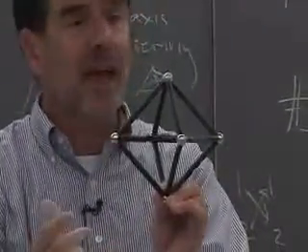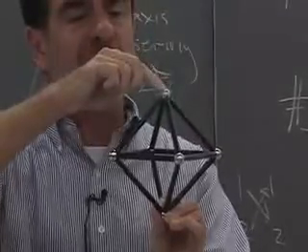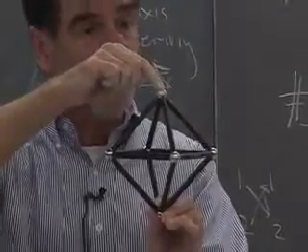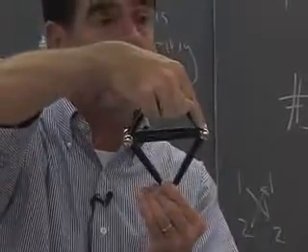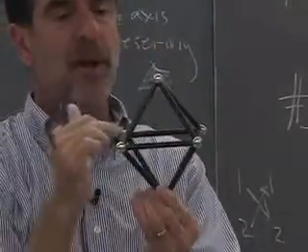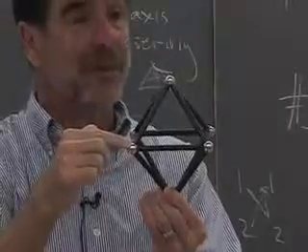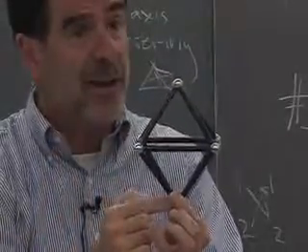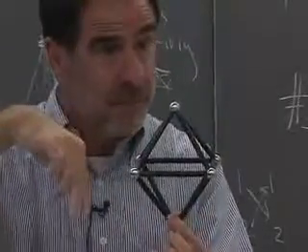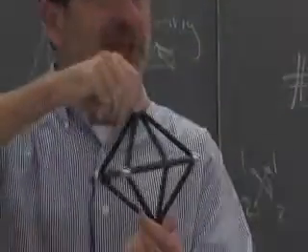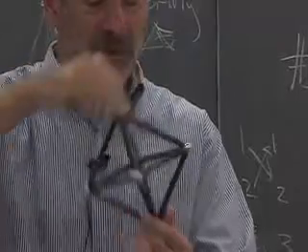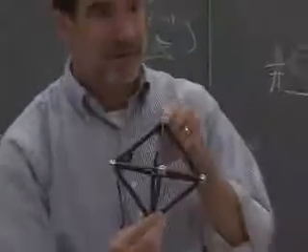But from the point of view of a counting formula, once you verify that you can get from any vertex to any other, and the first rotation group shows that you can get from any of these 4 vertices to any other, and then if I say rotate from here around here, I can get from this vertex to this one, and then down to this one, so I can get from any of the 6 to any other. Then the order of the group is the number of vertices times the stabilizer of the vertex, which is 4. So this group has order 24.